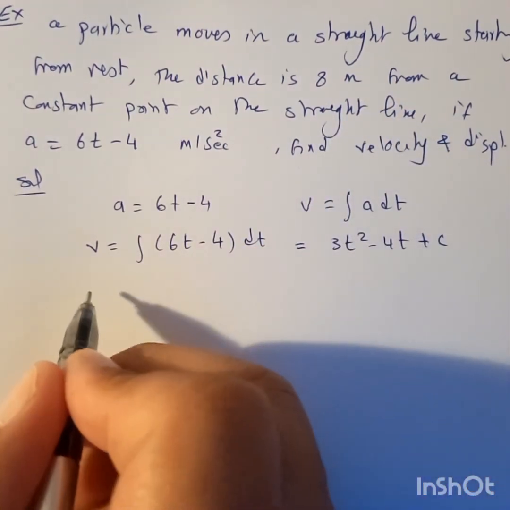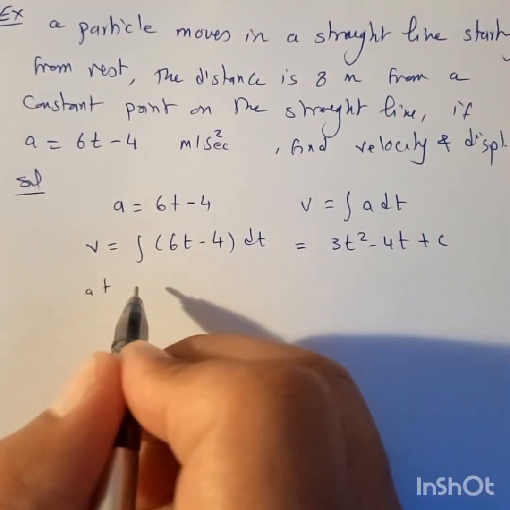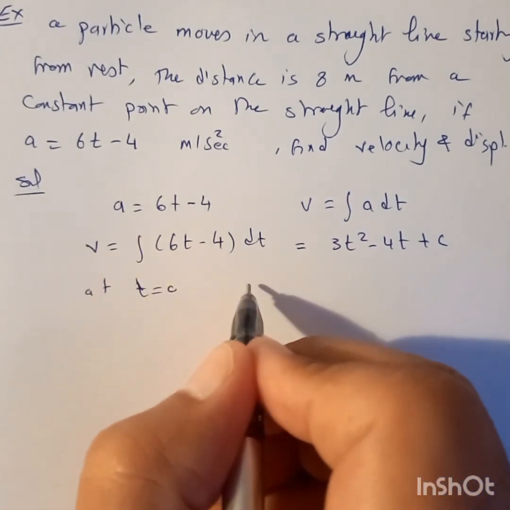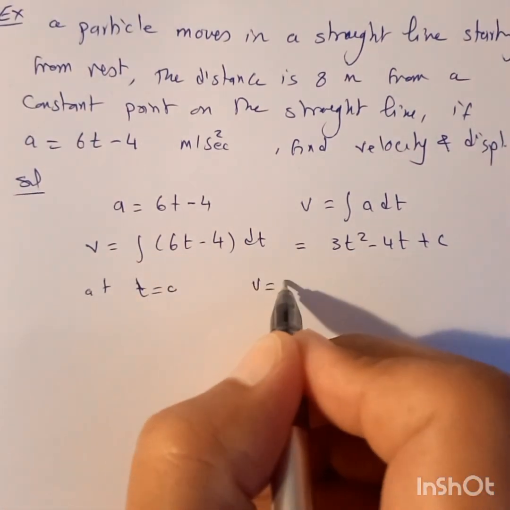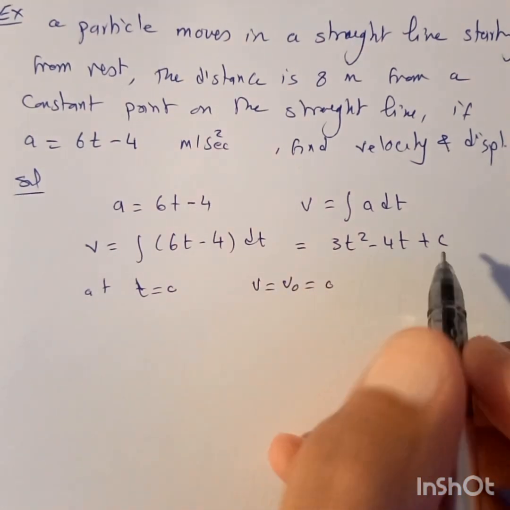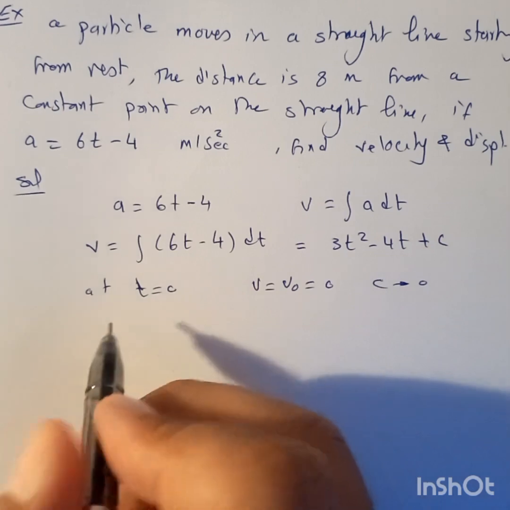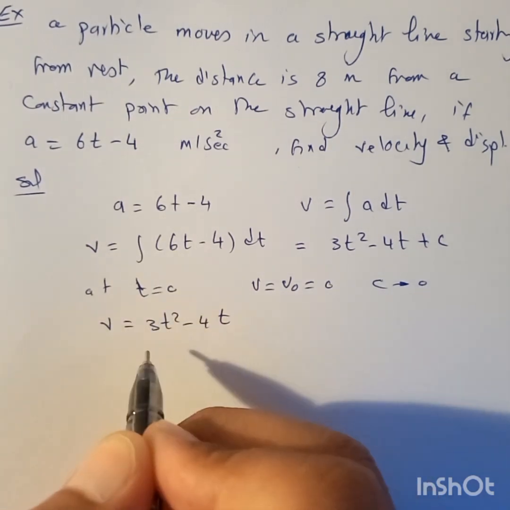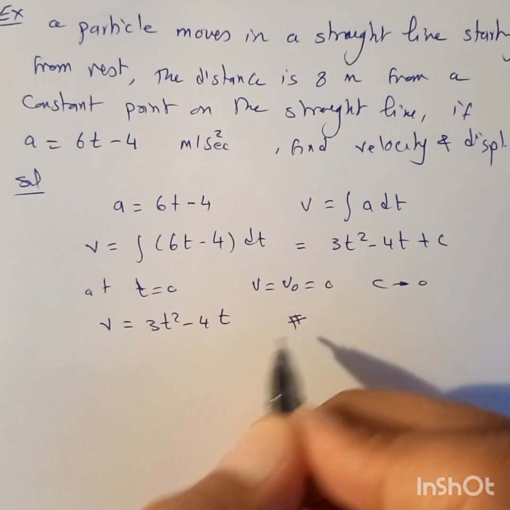Then we have v at t equals 0, v also equals v naught equals 0. Then we can find c equals 0 as well. Then v equals 3t square minus 4t. This is required number 1.